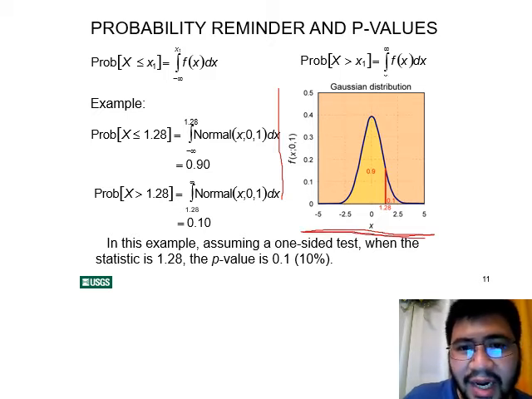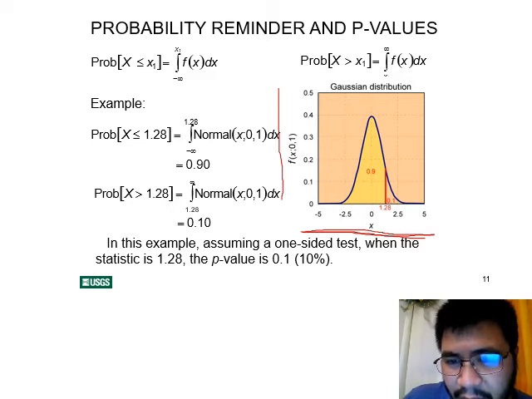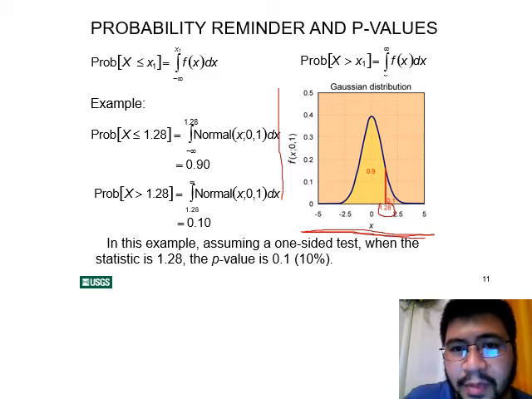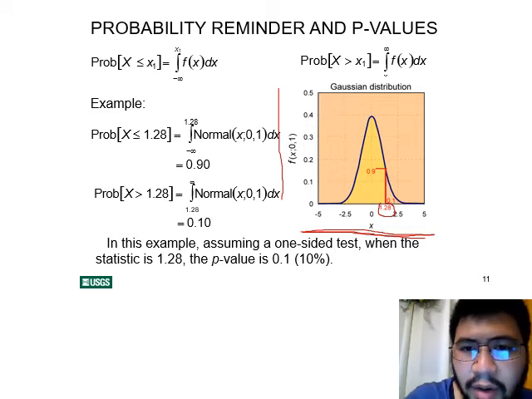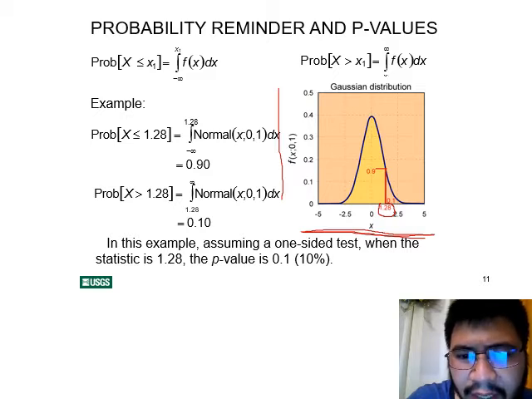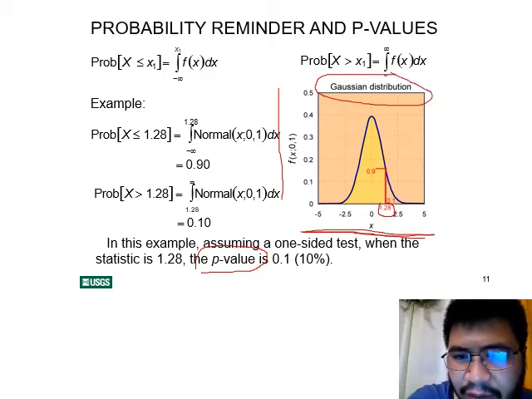So for example, our z value is 1.28. So this will plot here, z-score 1.28. If we plot that in the distribution curve, this is quite tricky, because when we are calculating the p-values on a Gaussian distribution, we actually have to take the cumulative probability.